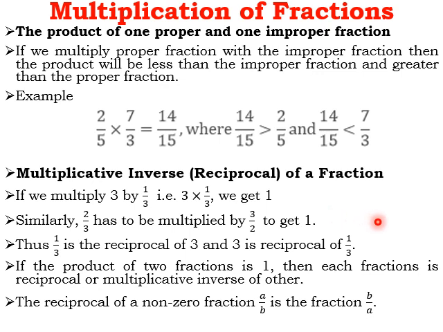Thus, 1 by 3 is the reciprocal of 3 and 3 is the reciprocal of 1 by 3. If the product of two fractions is 1, then each fraction is reciprocal or multiplicative inverse of other. The reciprocal of a non-zero fraction a by b is the fraction b by a.